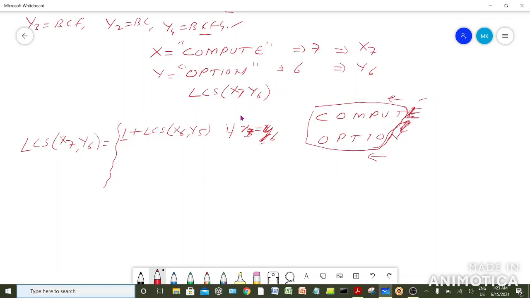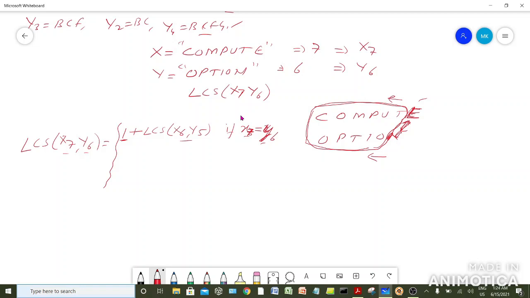Now the length of this LCS will be calculated. This is the case when the last letter was equal in both the strings. So this is the equation: the LCS of X7 and Y6 will be equal to 1 plus the LCS of their prefixes with one decreased length.